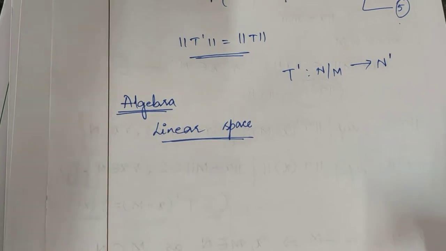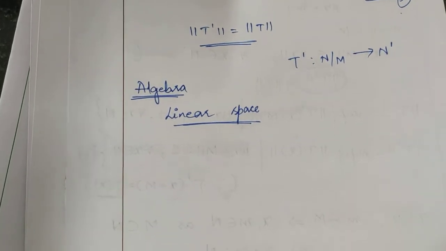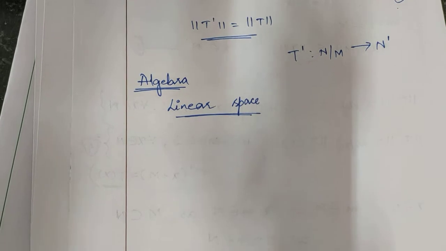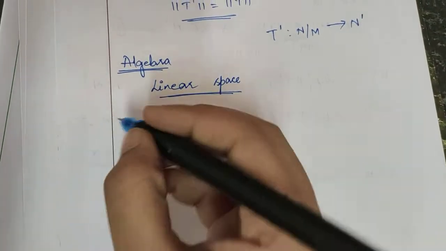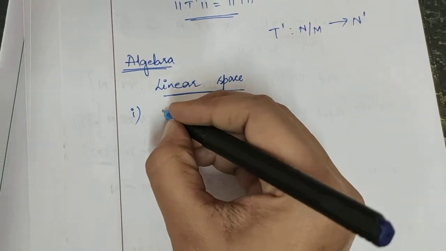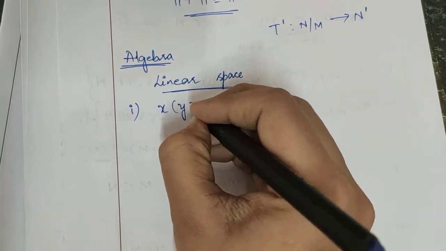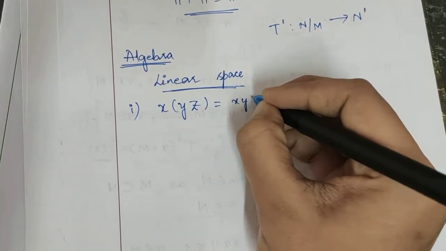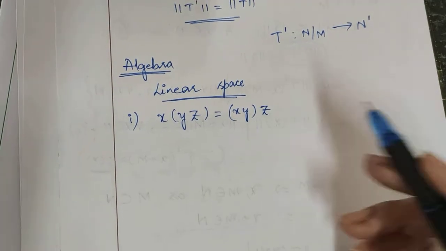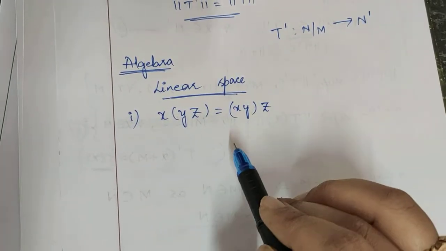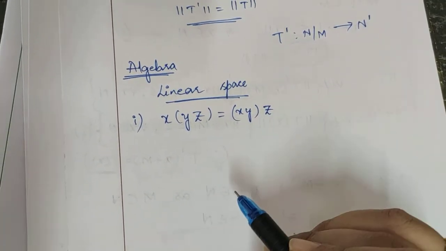If those 3 conditions are satisfied, then I can say that it is an algebra. Okay. So let's see those 3 conditions. The first condition is x into yz is equal to xy into z, where x, y, z all are the vectors of your linear space.